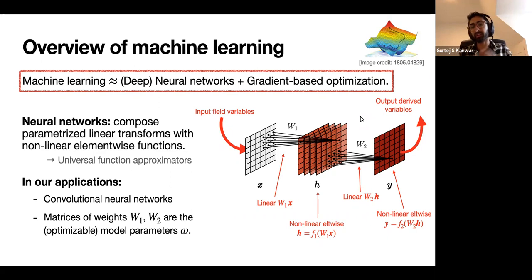Those are all potential functions that you might want from an input, which is an image, to an output. And depending on what your application is, you define some sort of target loss function or metric of suitability, and use gradient-based optimization to find the right weights such that that is minimized.